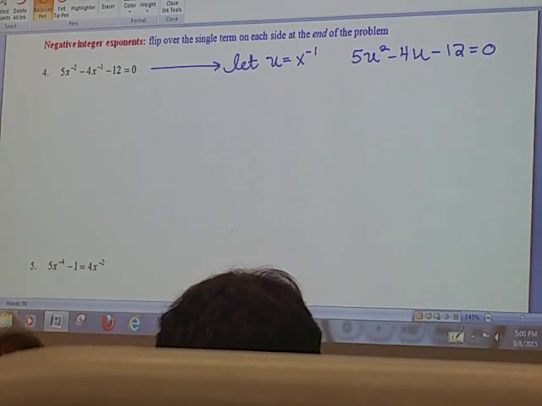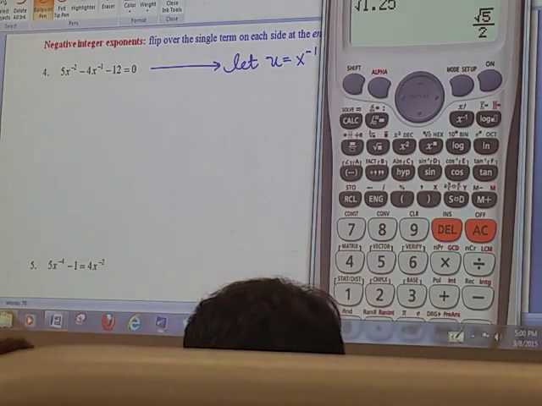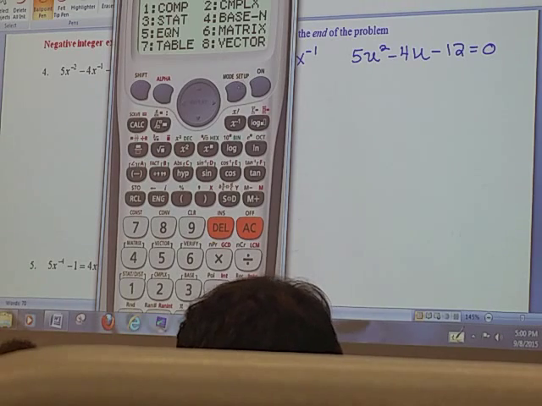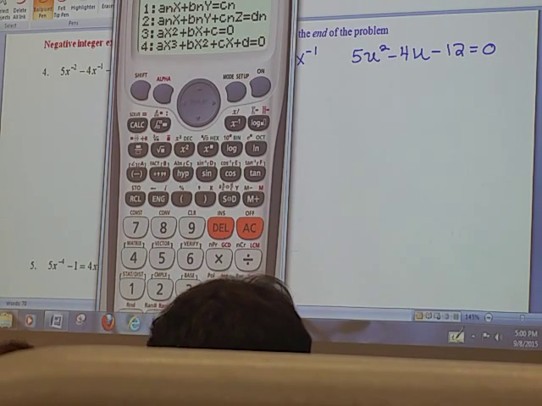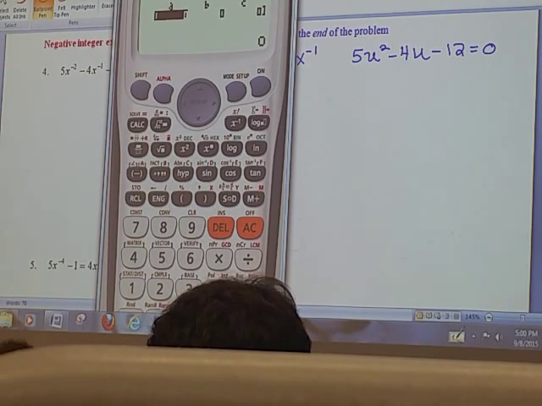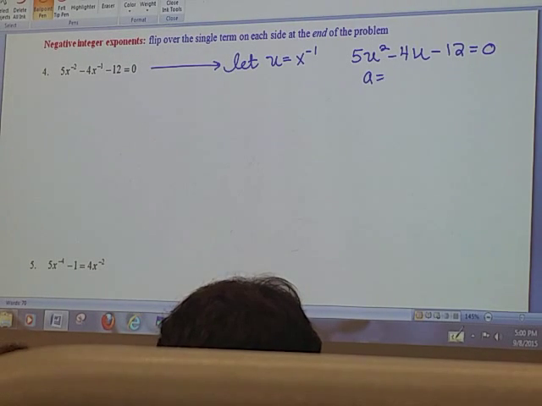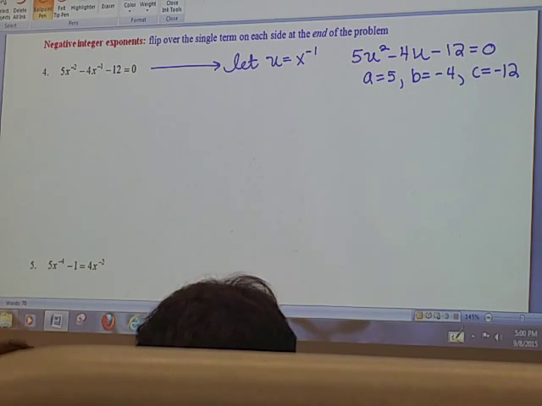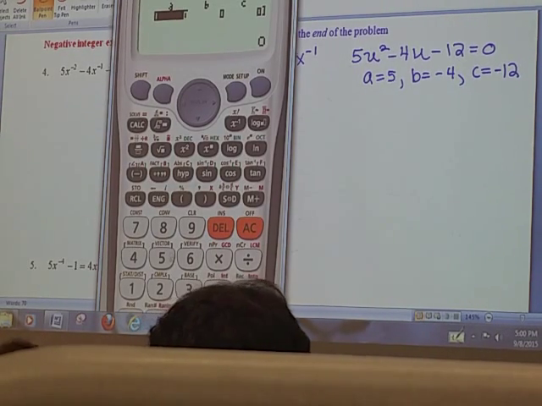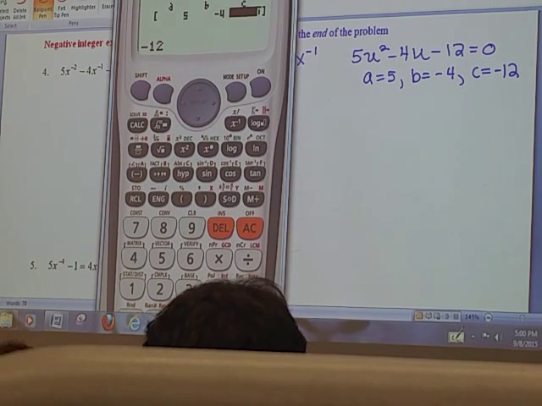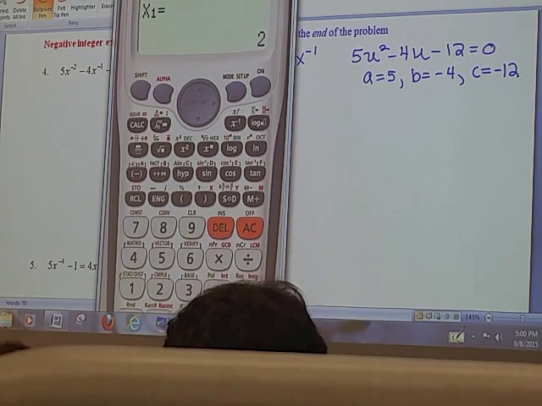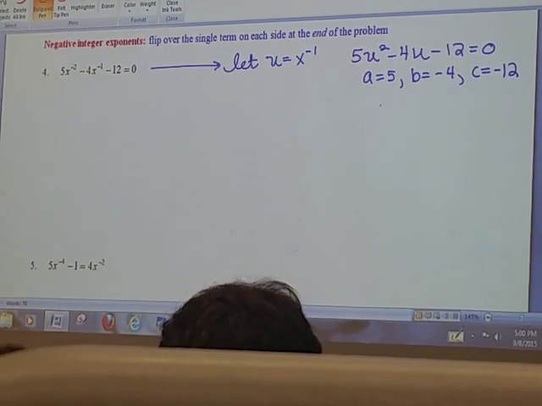My eyes are shielded from the horror of negative exponents. I go mode, equation, quadratic. And so right here, a is 5, b is minus 4, c is minus 12. So I have 5, and then minus 4, and then minus 12. That gives me 2 and minus 6/5.